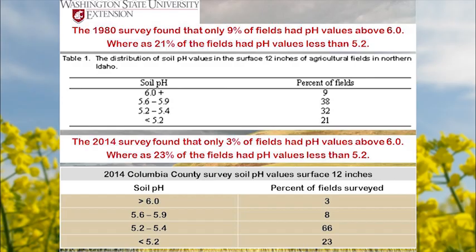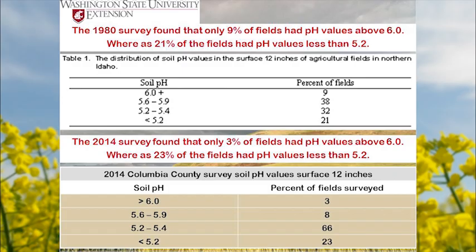Now this is in the top foot, and that's what we usually aggregate. The work that I've done indicates that we've got 3% of the fields above 6 pH, and only 8% of them in that 5.6 to 5.9 pH. We've slipped a bunch if we have a representative sample here.